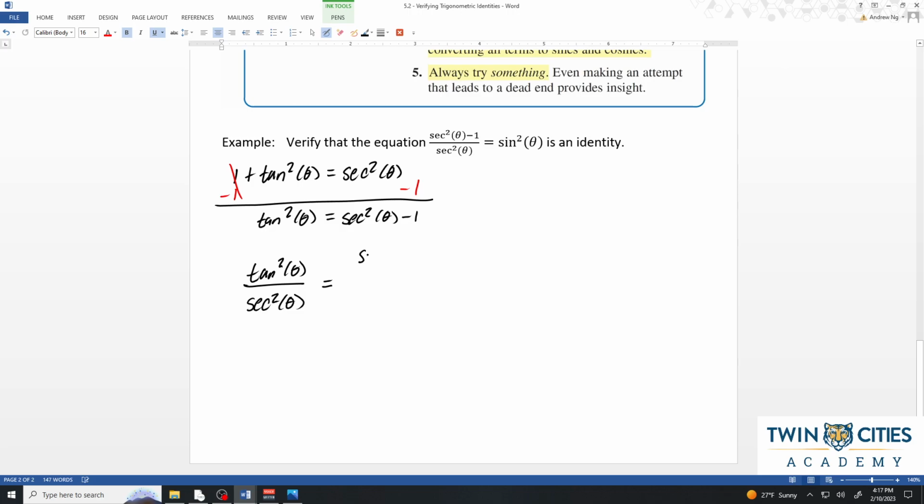So this would be sine squared of theta over cosine squared of theta all over secant squared. The reciprocal of secant is cosine. So secant squared is the same as 1 over cosine squared.